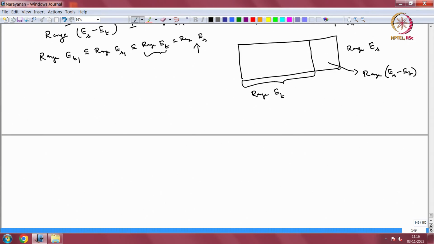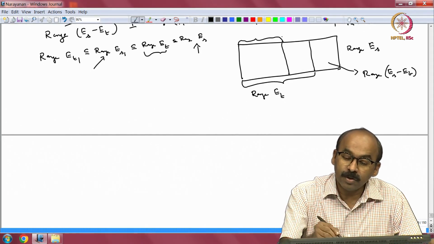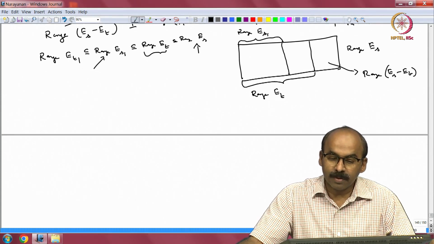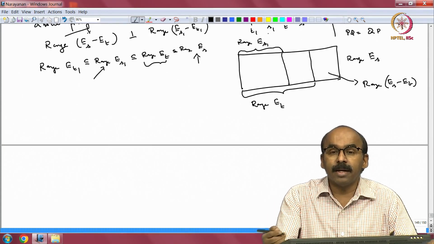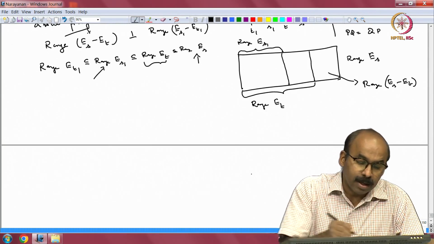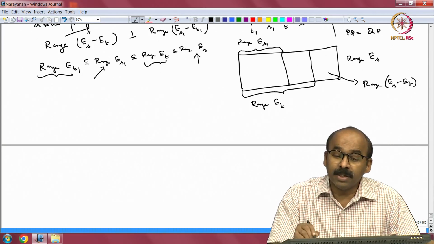Now we go here, range of E S1 is contained in range of E T. So let us say this one is range of E sub S1, that is fine, because that is contained in range of E sub T. And here I have range of E T1, which is the smallest one.